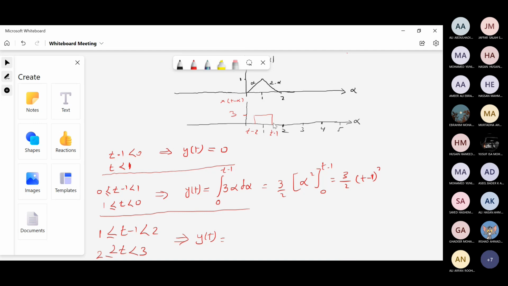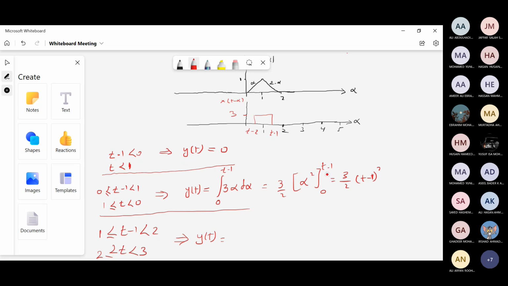And anything above t minus 1, again, this is 0. We multiplied by 2 minus alpha. Again, it will be equal to 0. So the integration will be only between t minus 2 and t minus 1. But we have two functions here, so we have to split it into 2.